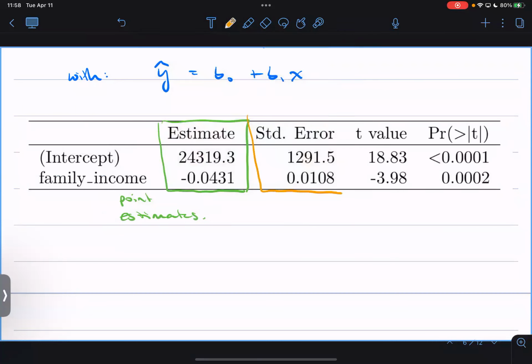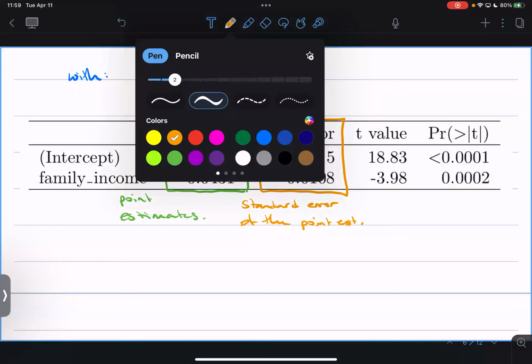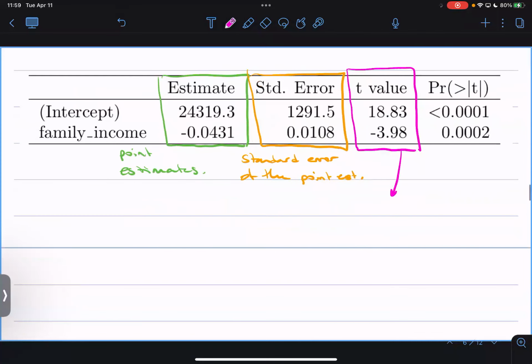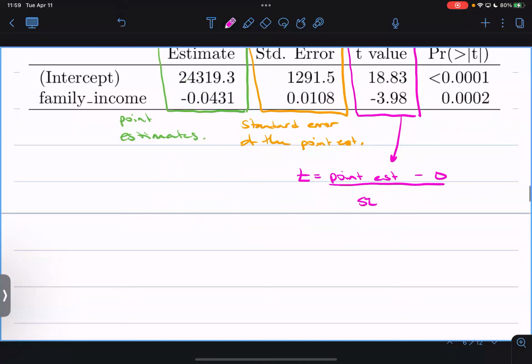You have your standard error of the point estimates. And then you've got your t's. Now where t is going to be your point estimate minus 0 divided by the standard error of the point estimate.